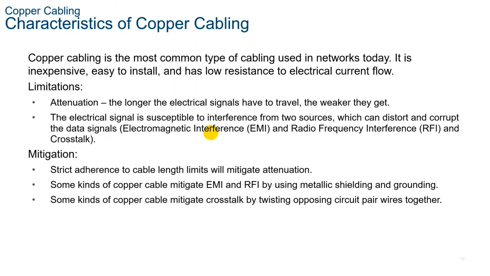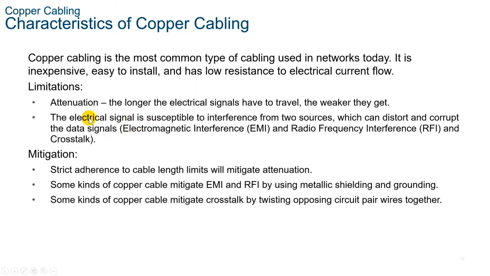Now, the timing and voltage of the electrical pulses are also susceptible to interference from two sources. These two sources are electromagnetic interference, or EMI, and radio frequency interference, or RFI.